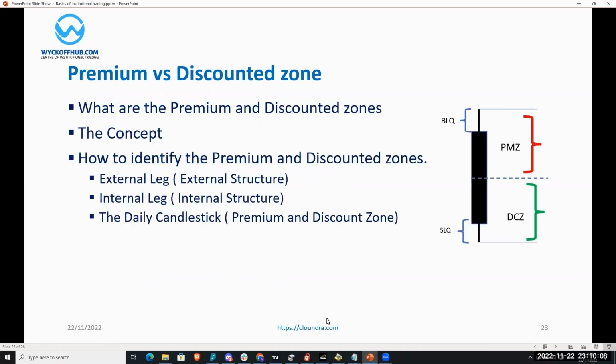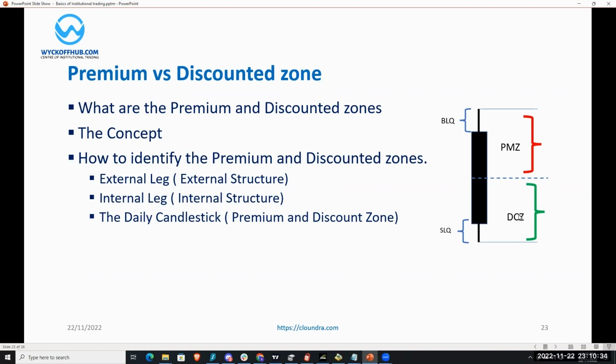Before we continue with the liquidity, I'd like to present a concept called premium and the discounted zone. Premium and discounted zone is a very, very simple concept. When you have an external leg, or an internal leg, or a single candlestick, you divide that by 50%. Above the 50% is your premium zone, and below the 50% is your discounted zone.